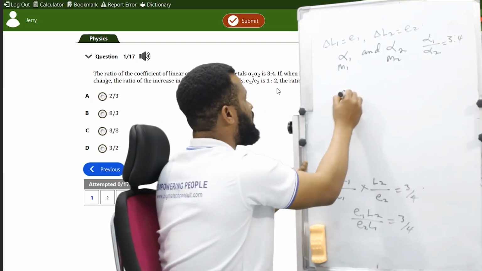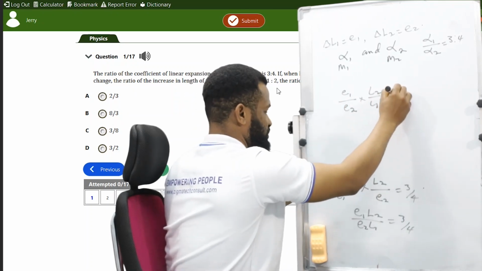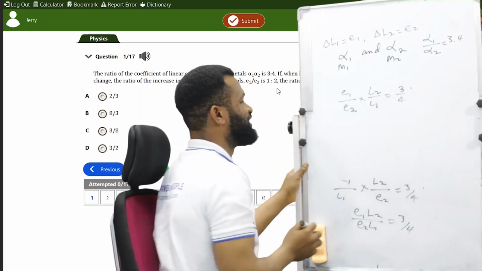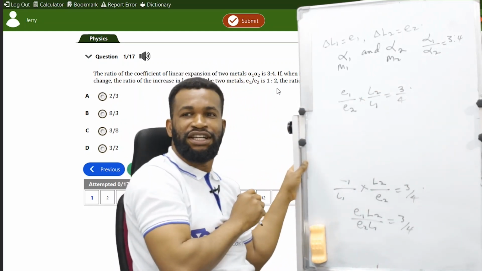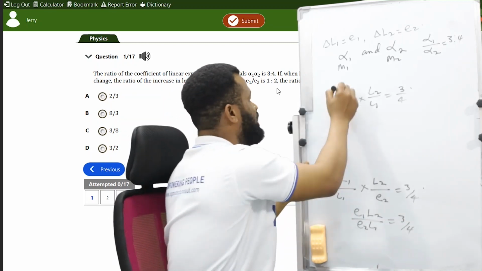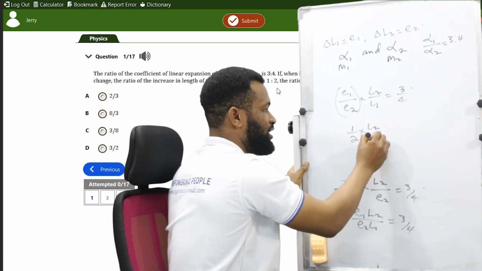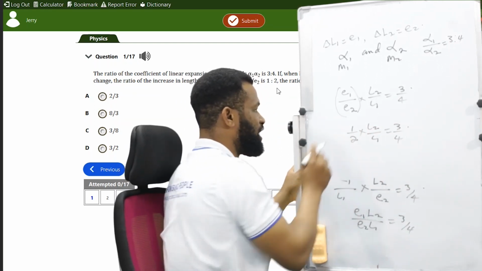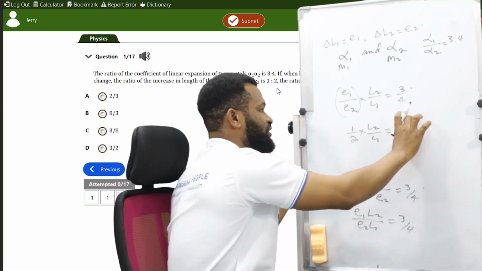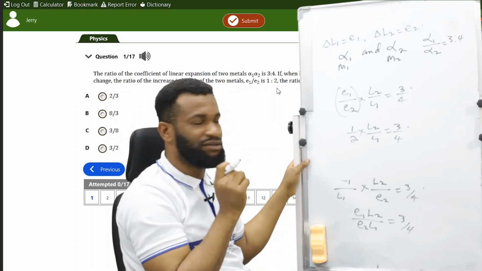So E1 over E2 times L2 over L1 is equal to 3 over 4. This is fun. So E1 over E2 is 1 over 2. So everything here is going to be 1 over 2. I'm having 1 over 2 times L2 over L1 is equal to 3 over 4. So I'm going to transfer everything here to this part because I'm looking for L1 over L2, all right?